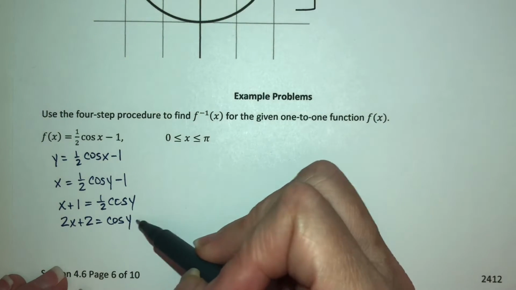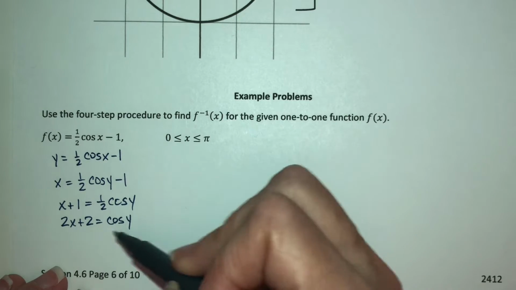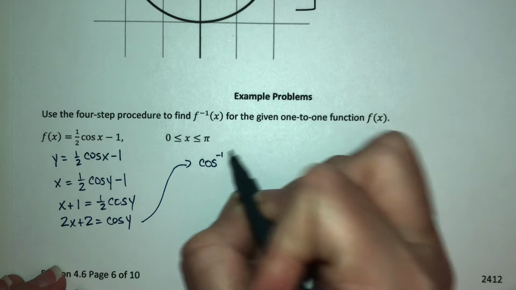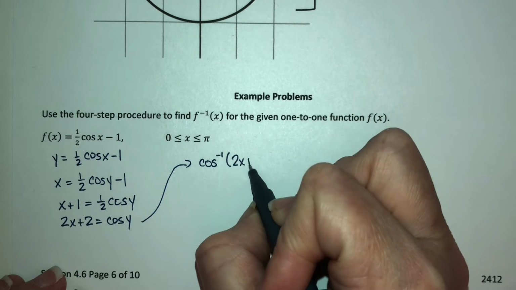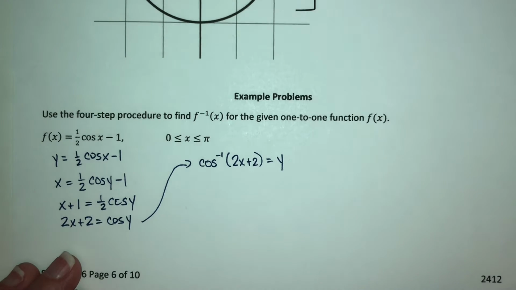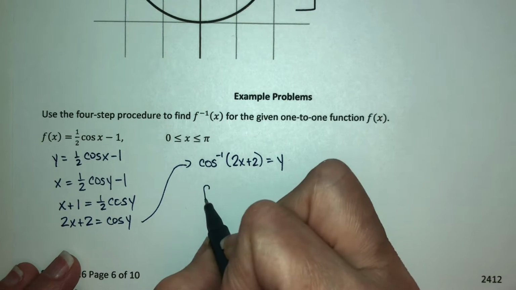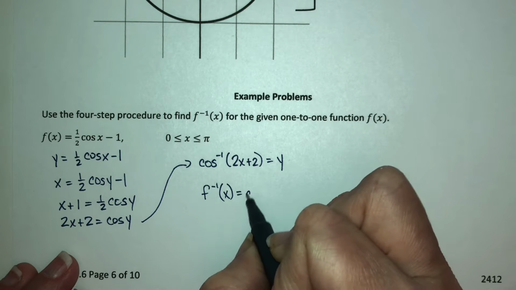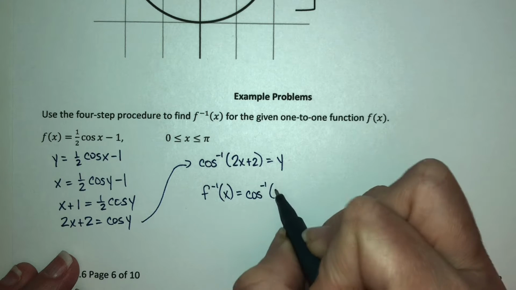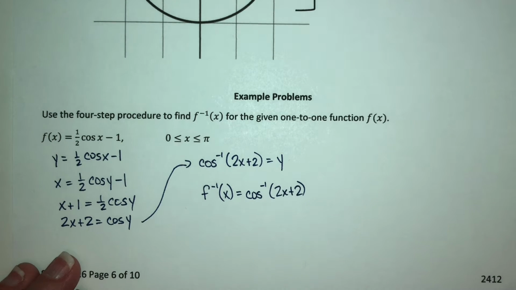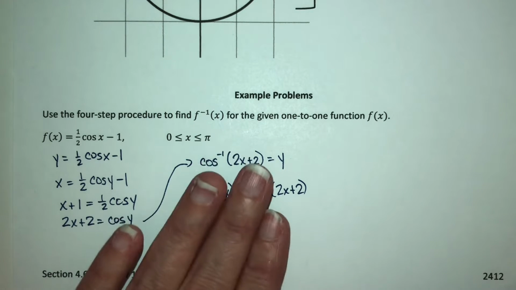And now this is the same thing as cosine inverse of 2x plus 2 is equal to y. Therefore, f inverse of x is equal to cosine inverse of 2x plus 2.